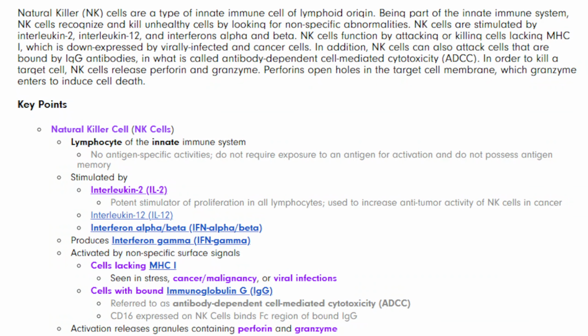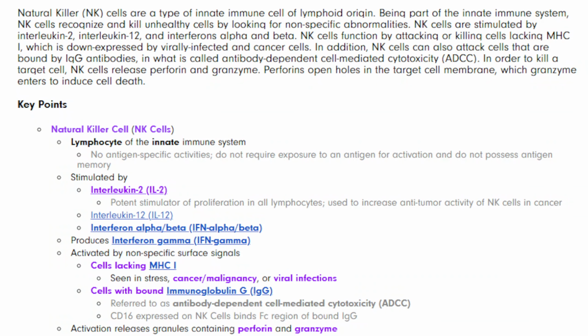They produce interferon gamma, and they are activated by no specific surface signals, like cells lacking MHC1.